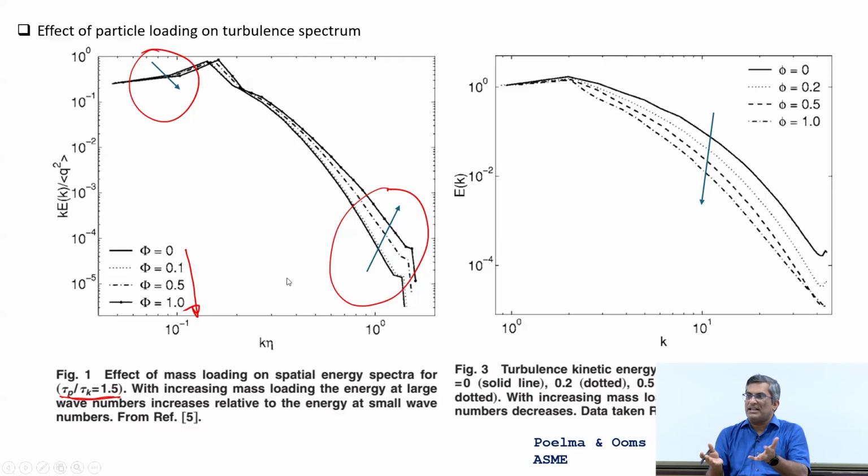At small scales, the turbulent kinetic energy has increased, at large scales it has decreased. But if you change the Stokes number of the particle, you see everywhere turbulent kinetic energy is reducing across the turbulence spectrum.